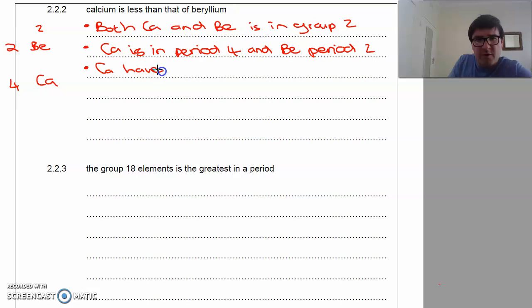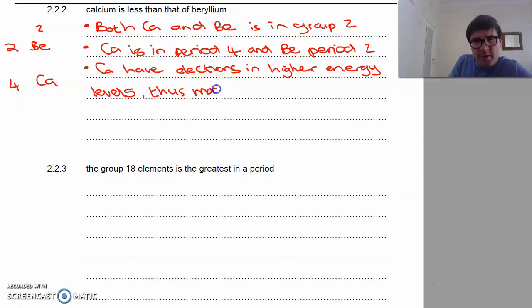Calcium has electrons in higher energy levels, thus more electron shielding.